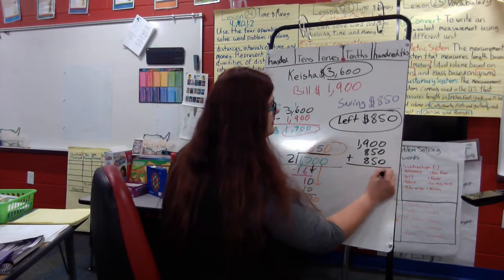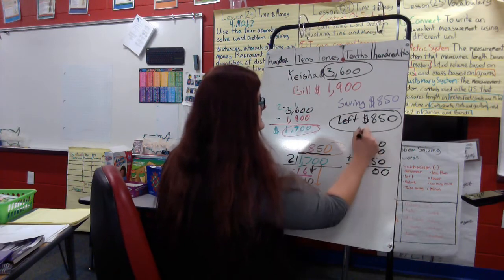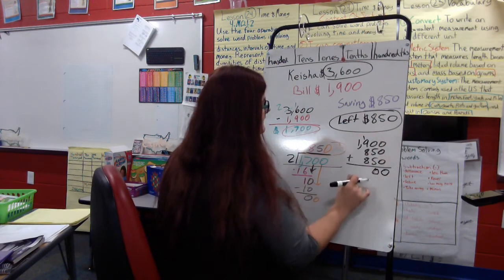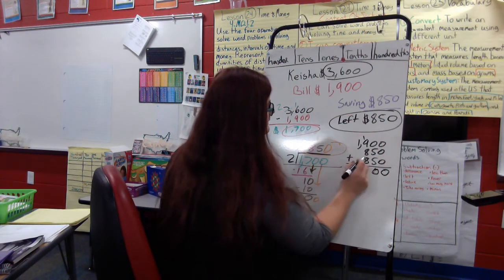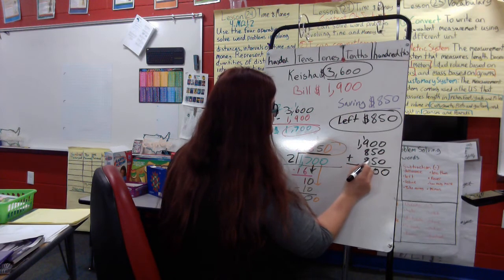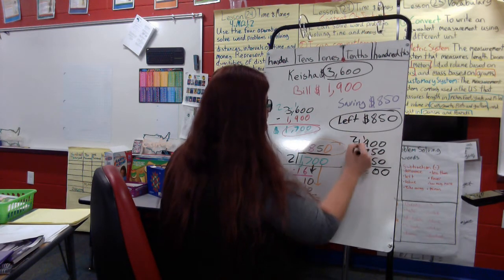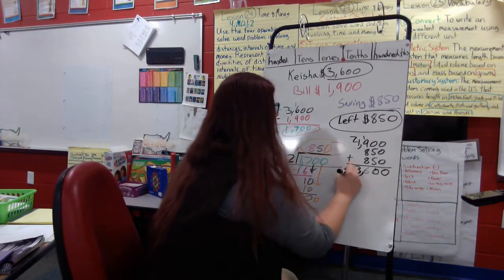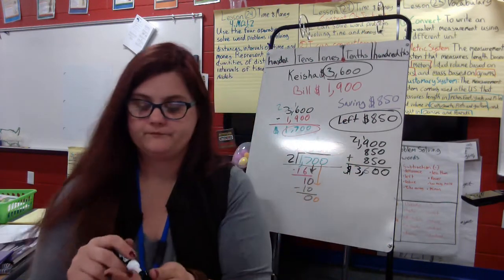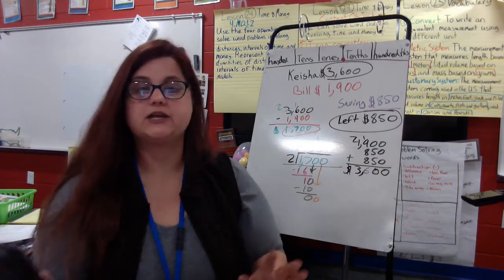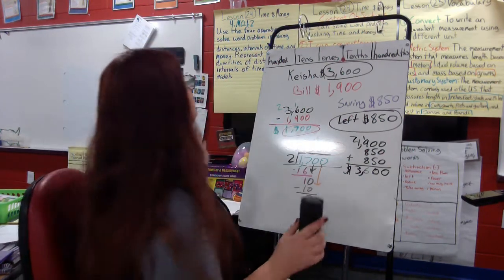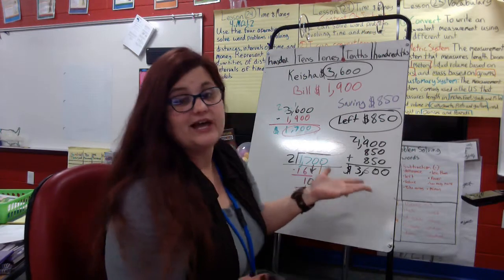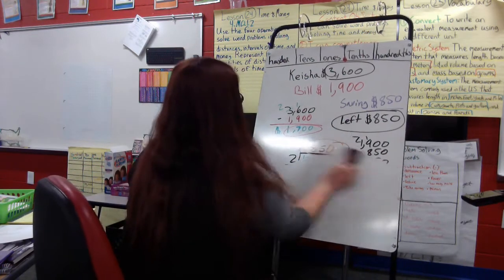Let's check. Beautiful. Remember, you can always go back and check your work in math. That's one of the things about math that I do like, is I can check myself.